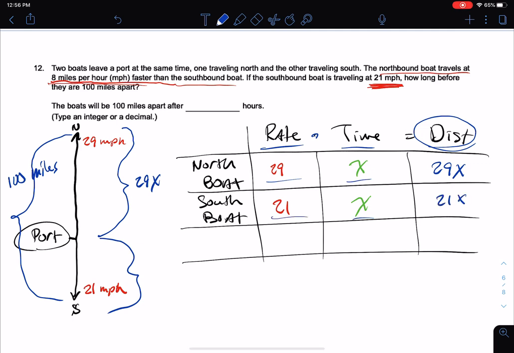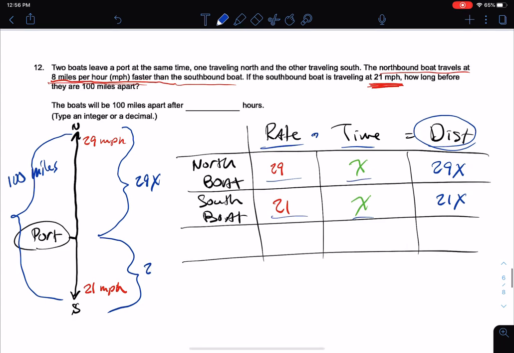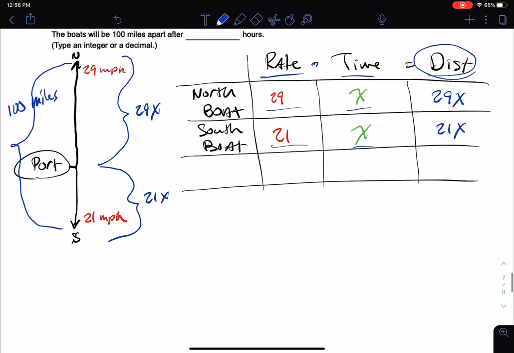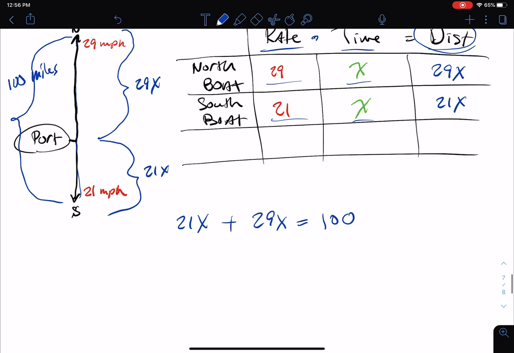So 21x represents the distance. Once you know x, it is actually a distance. So we can see from our picture the distance that the southbound boat went right here, 21x, plus the distance that the northbound boat went, 29x, equals the total distance, 100.